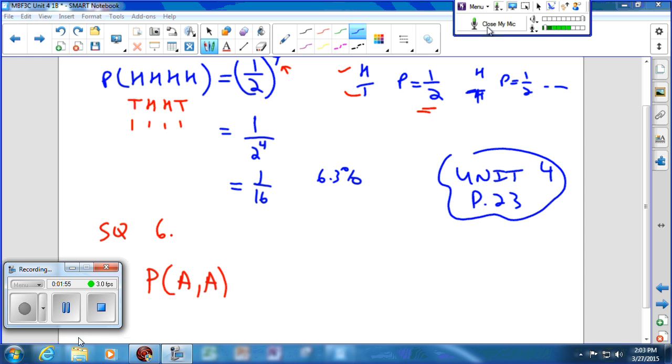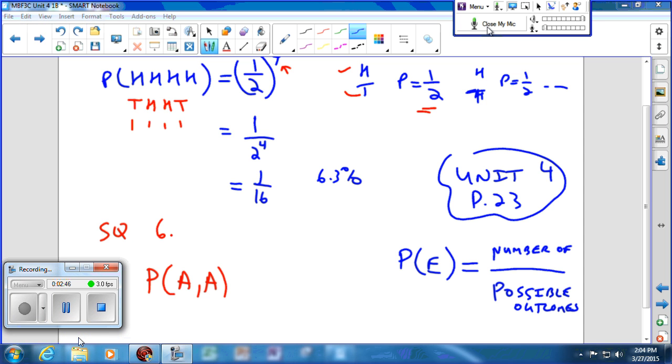What we found out yesterday when we were looking at theoretical probability is that the probability of some event is equal to the number of outcomes that satisfy what we're looking for, divided by the number of possible outcomes, the sample space.